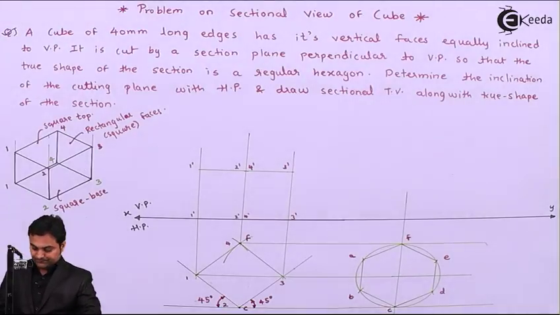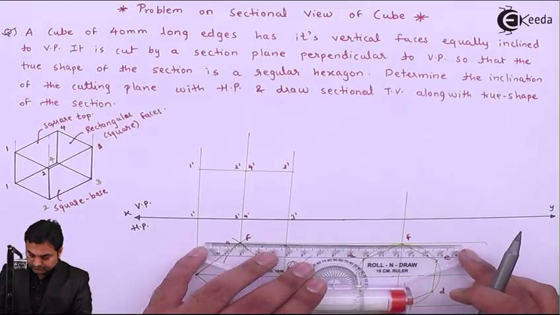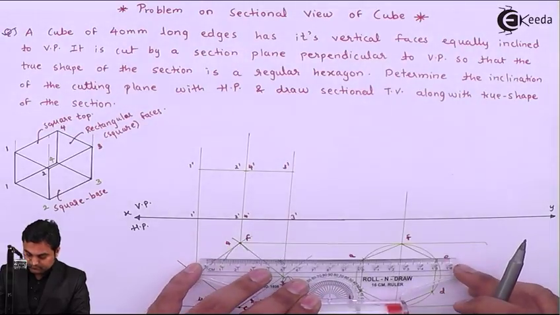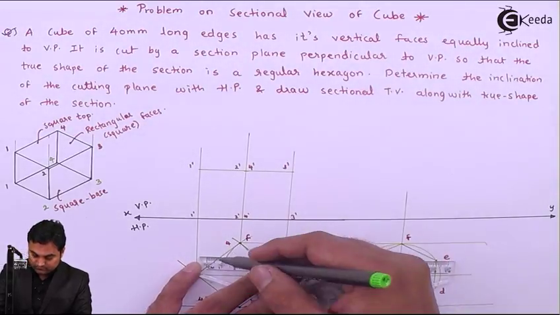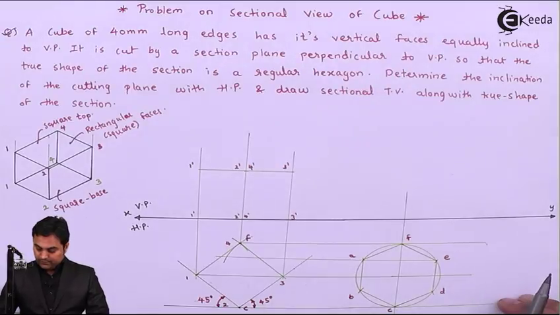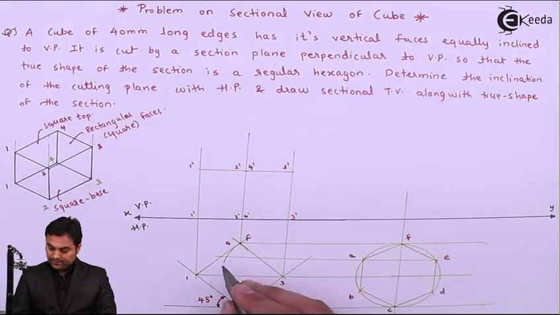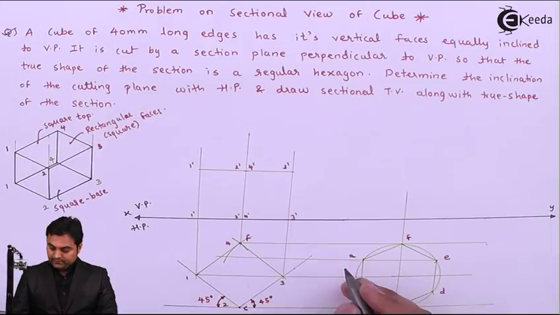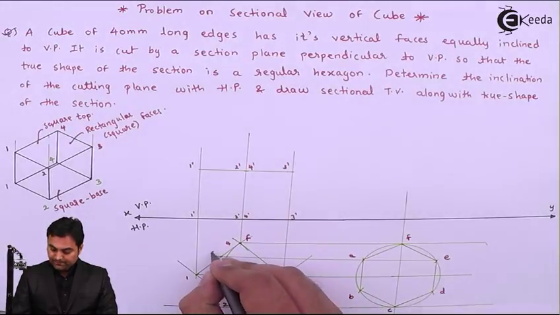For that, projecting AE. Now I'll say that where it is cutting 1 and 4, that is point A for me.